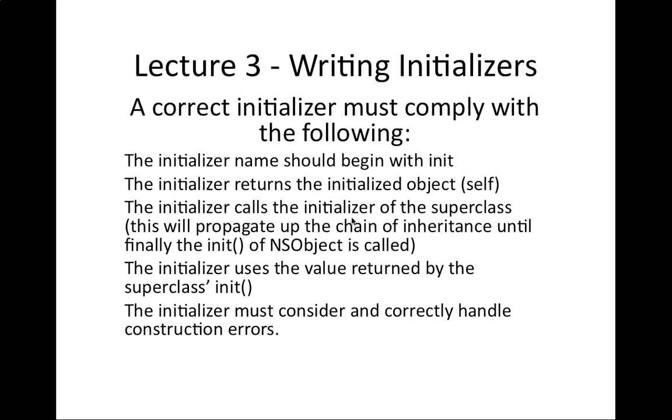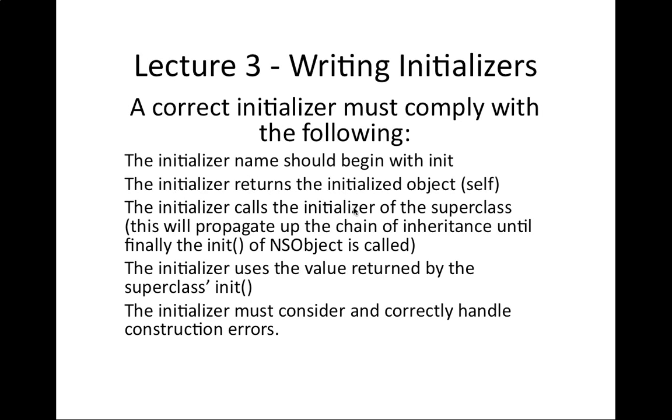The initializer calls the initializer of the superclass. The first line of the initializer is always super init. I'll go through the syntax in a few minutes, but the first thing it has to do is the same as putting the word super in Java, where it says go back up. Instead of this we have self, and self and super are the same concept.